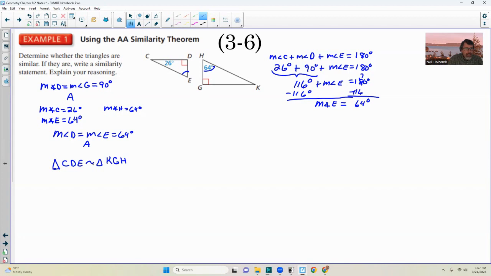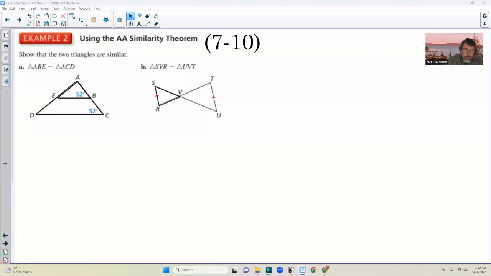So triangle CDE is similar to triangle KGH by the angle similarity theorem. Okay, and there's my statement. Explain your reasoning. All right, so now that I've done that, you should be able to do problems 3, 4, 5, and 6 in your exercises.